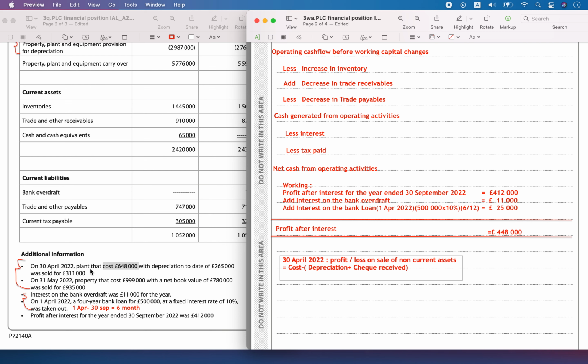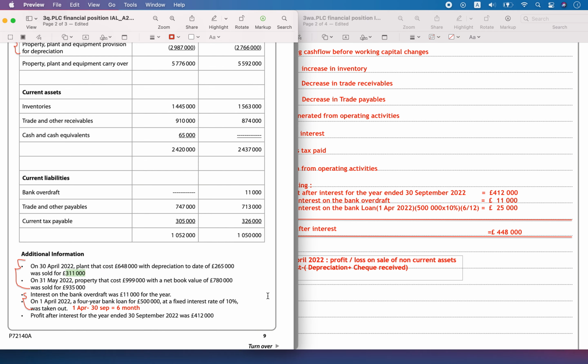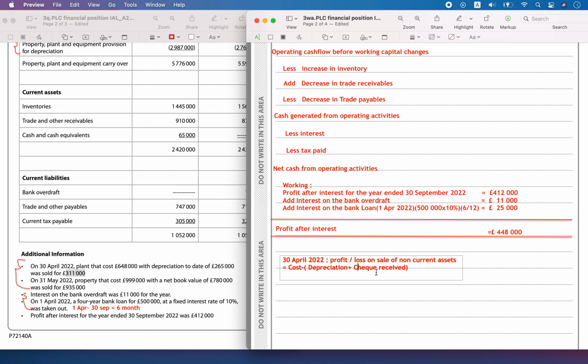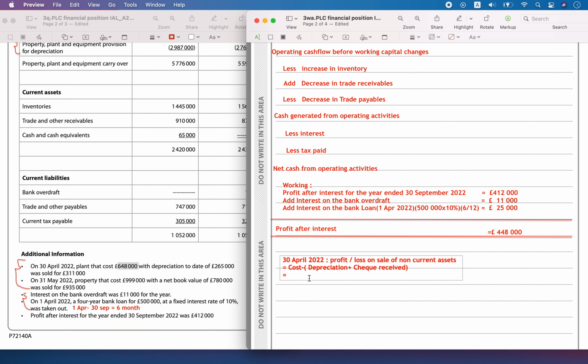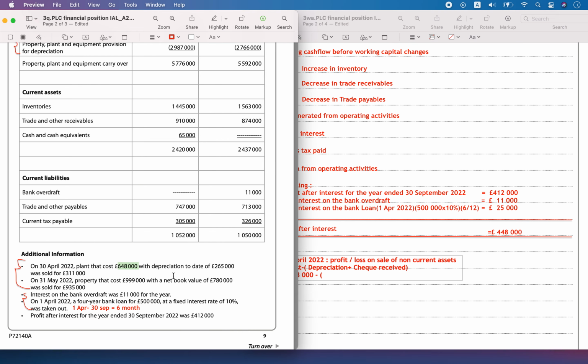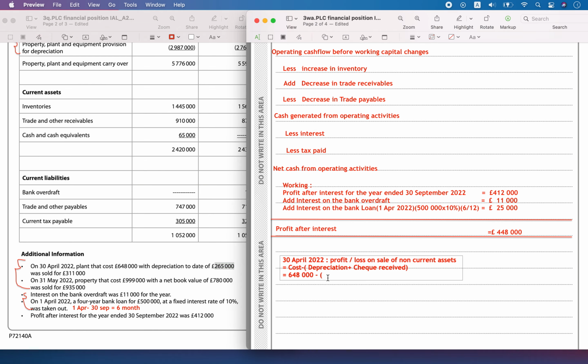It was sold for 31,000, the cash received. So the cost is 648,000 minus depreciation till date, which was 265,000, plus 311,000. This was the cash received.